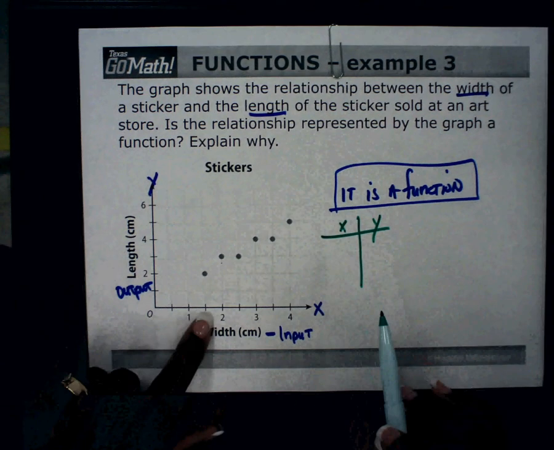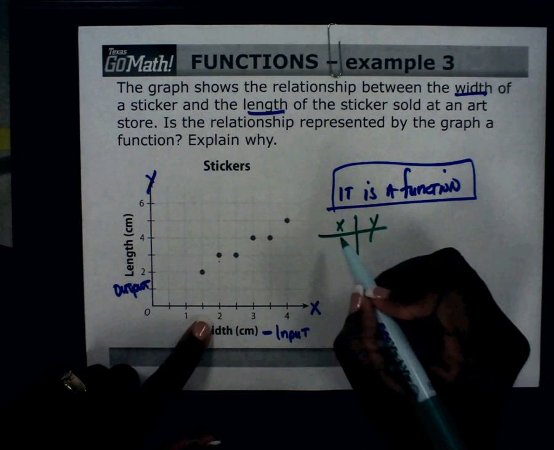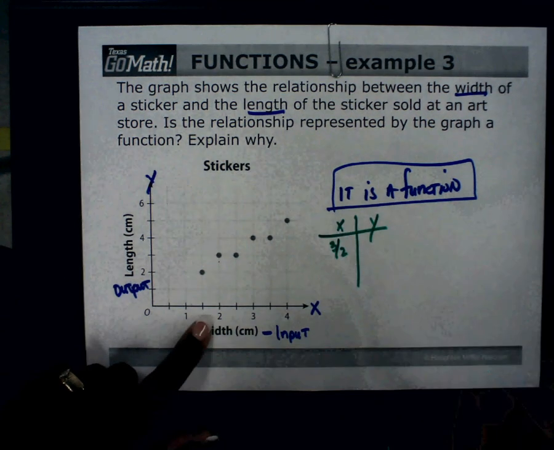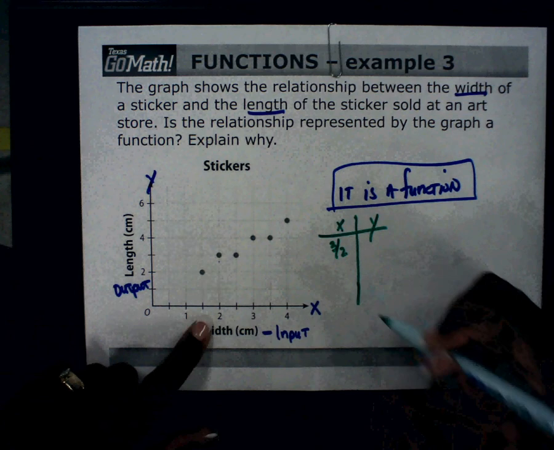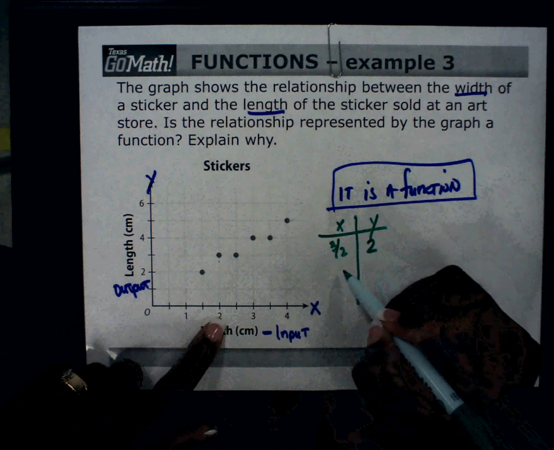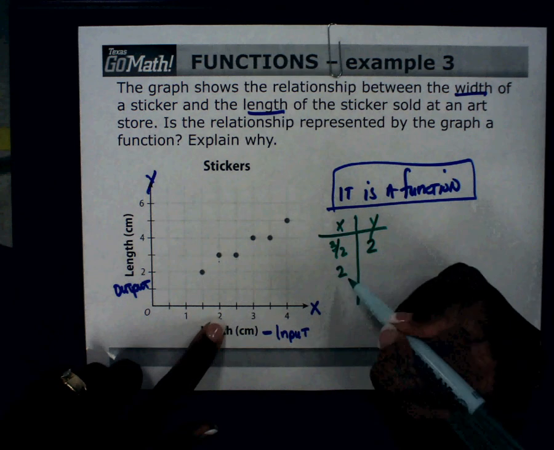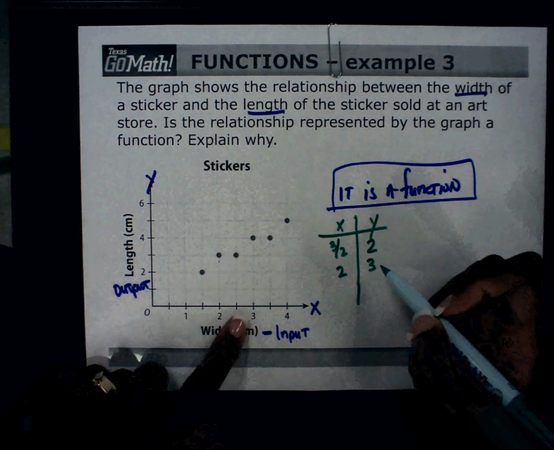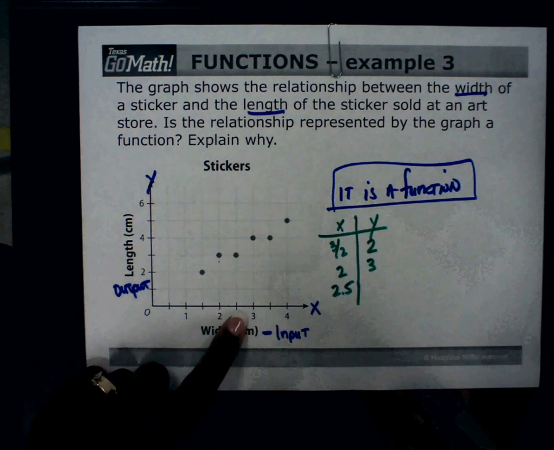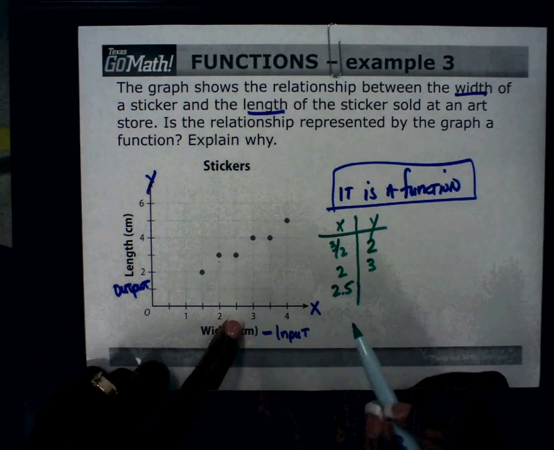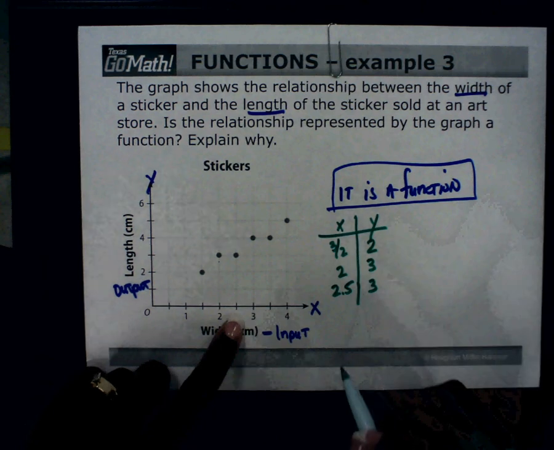So if we look at this one, my x is 1.5, so I'll do 3 halves that way. Okay, and then I'll use a decimal for another one. So we have 3.5 for my x and my y is 2. The next one, my x is 2, and my y is 3. And then I have 2.5 for x, and for my y, it's also 3.